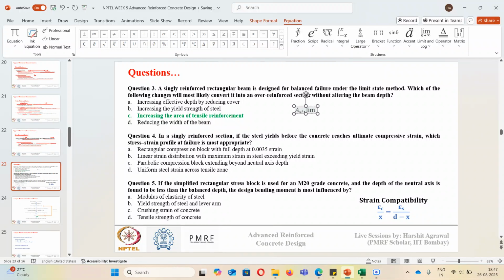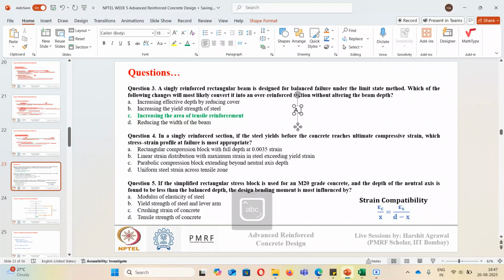So Ast limiting, when we calculate based on the IS code design, is nothing but 0.36 fck times b times depth of neutral axis, divided by 0.87 times fy.